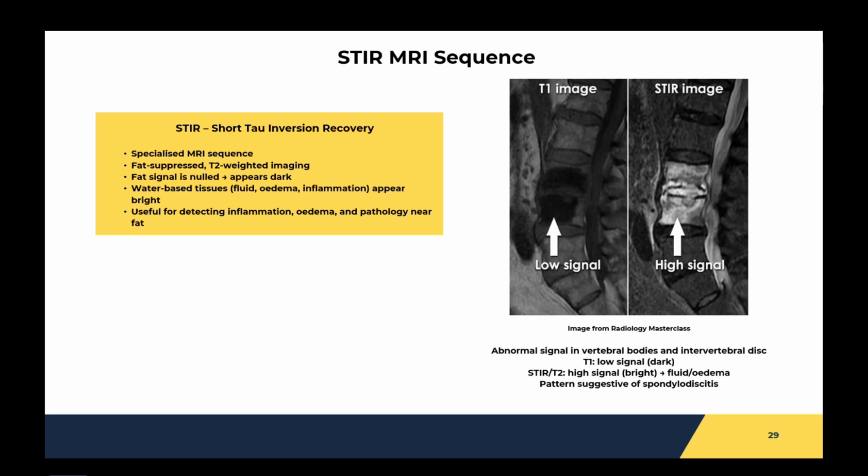However, on a STIR image, it appears brighter and with more clarity. On a STIR image, anything that's bright is fluid. You can see the benefit of a STIR image through this, and this pattern suggests spondylodiscitis.